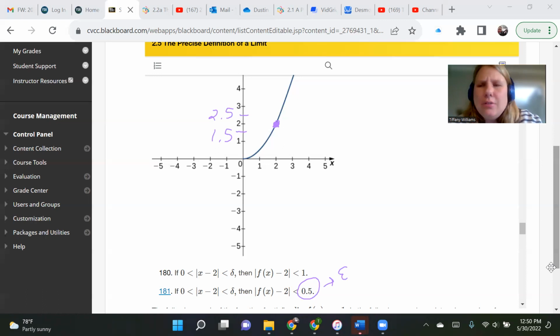So what I want to do now is figure out, okay, so if that's the x values, right? That's kind of what I'm looking at and change. I keep saying x values, y values. That's the y values. So that's my change in the y values. I now want to figure out what x values correspond to those y values. So it looks like 1.5 is going to be right about here.